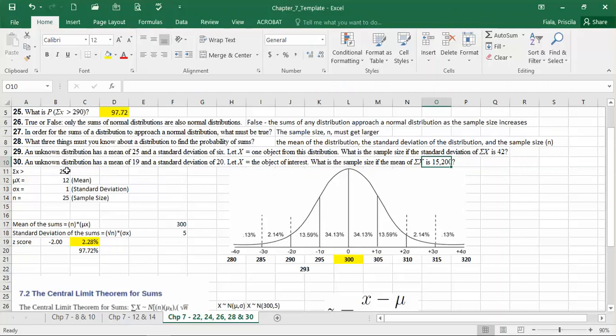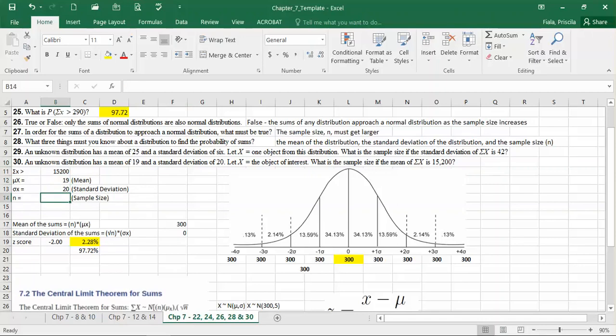So now you have an unknown distribution that has a mean of 19, a standard deviation of 20, and the sum of your values is 15,200. So what is my sample size?